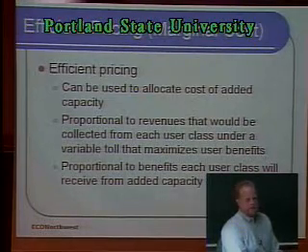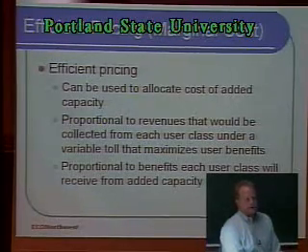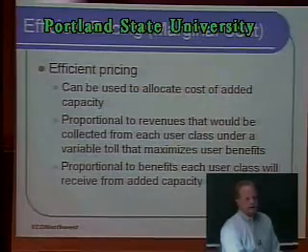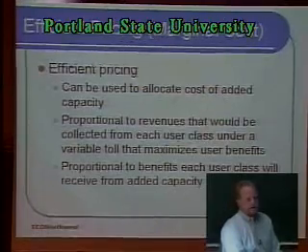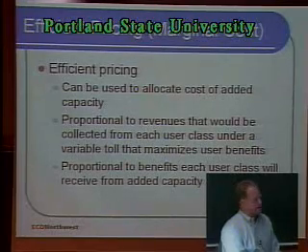So if a vehicle wants to enter a congested roadway, they will have to pay more because they'll be imposing costs on all the other users by slowing them down. If you want to drive a heavy vehicle that does more pavement damage, you'll have to pay more than if you want to be in a light vehicle.